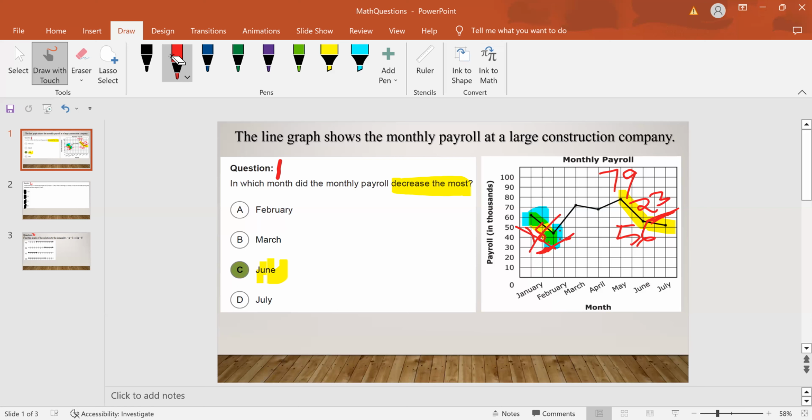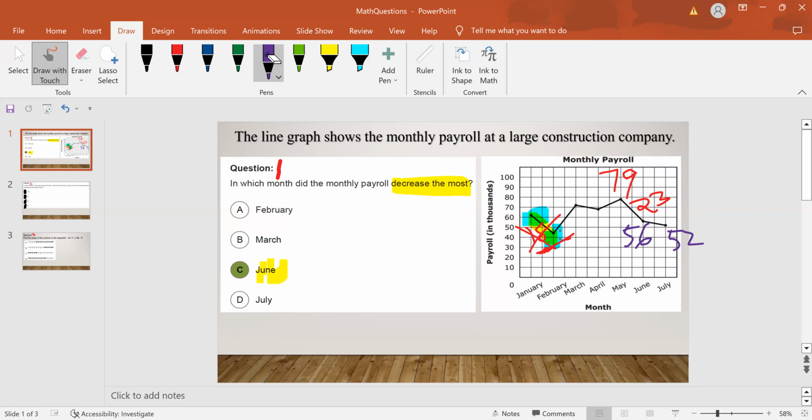But if we continue, the last part of the graph is also going down. Let me rewrite it. If we assume that 56 is the value for June, and it drops to the July value, we can assume that is 51 or 52.